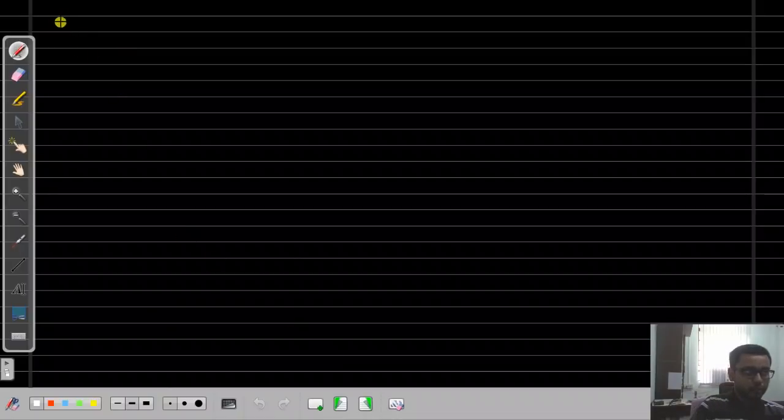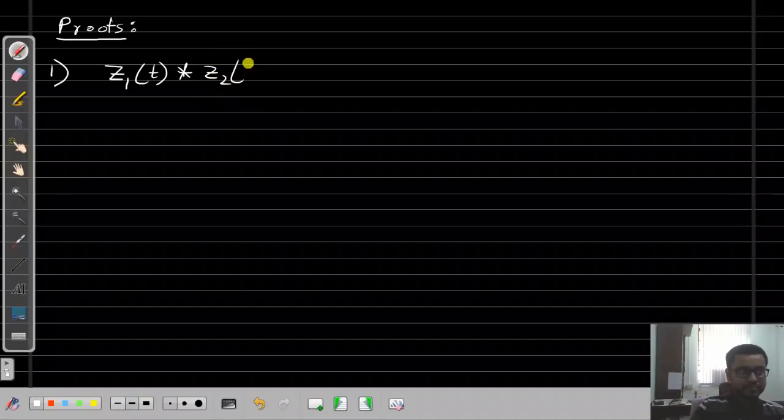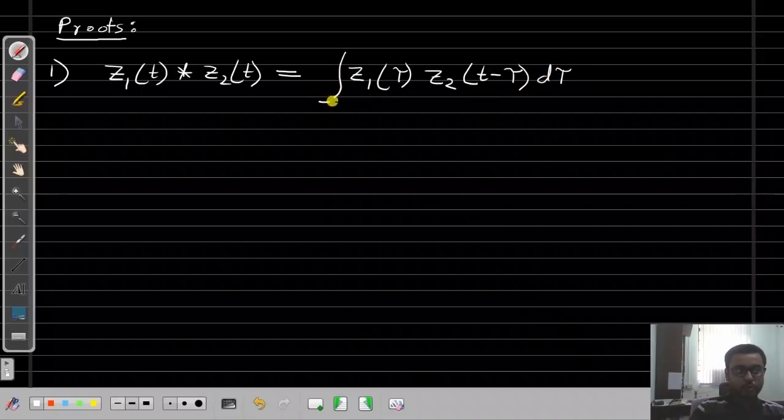So here are the proofs. Number 1. Suppose I start with z1(t) star z2(t). So by definition, I have written it as the integral of z1(tau) z2(t minus tau) d tau from minus infinity to plus infinity.